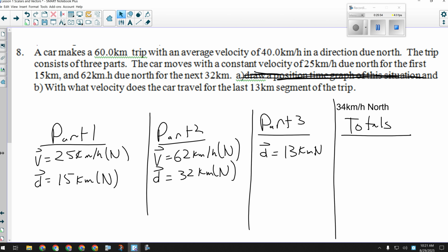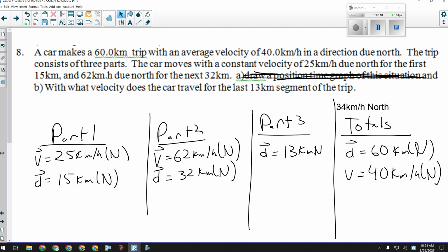Now, here's the thing. This question does give us the totals. It says that it's a 60-kilometer trip, and the average velocity is 40 kilometers per hour. That's all my givens.